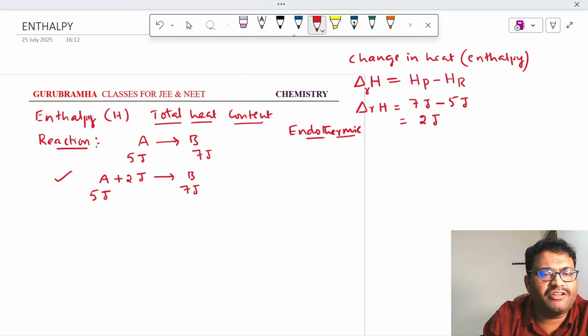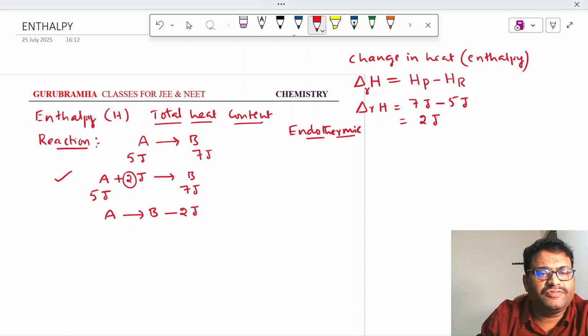Another way of representing an endothermic reaction is A gives rise to B, and if this 2 joules of energy comes to that side, it becomes minus 2 joules. Another way is to write it in terms of delta RH equal to 2 joules.